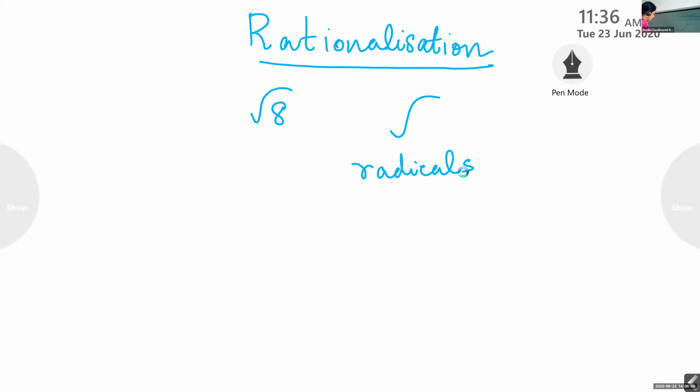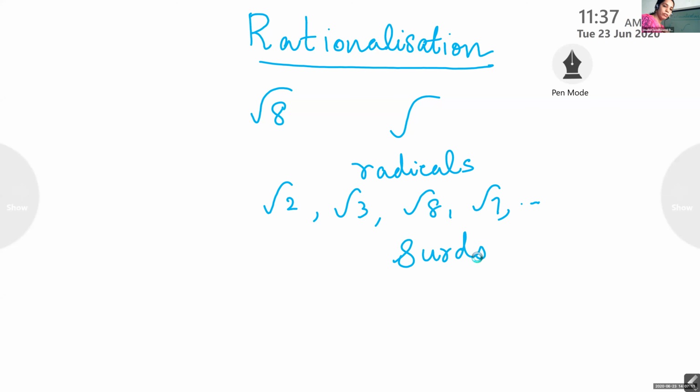And root 2, root 3, root 8, root 7, etc., which you are writing, are known as surds, S-U-R-D-S. I'll give you the detailed notes.